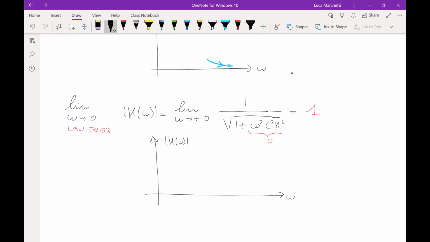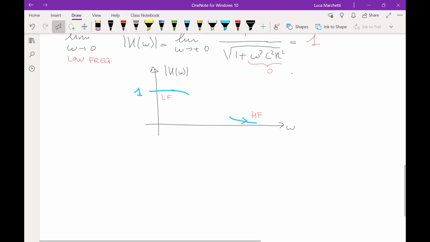So we know that for very low frequency the function will practically go around 1. And here we know that this one goes to 0. So let me write low frequency, and this is the behavior at high frequency. Now, to know what the points in between are, as I said before, there is no easy mathematical or approximated way to do that.